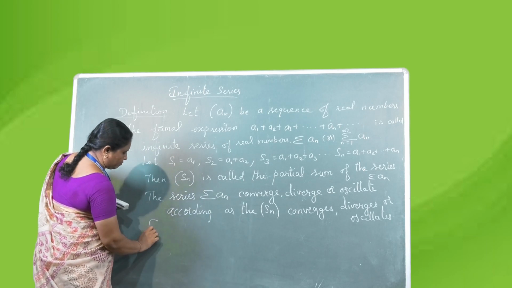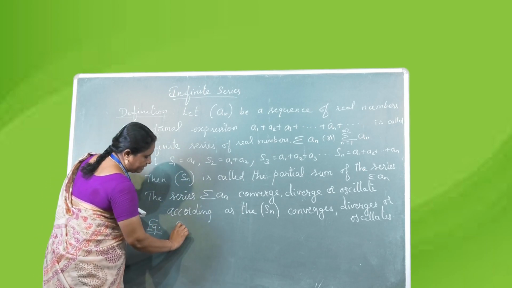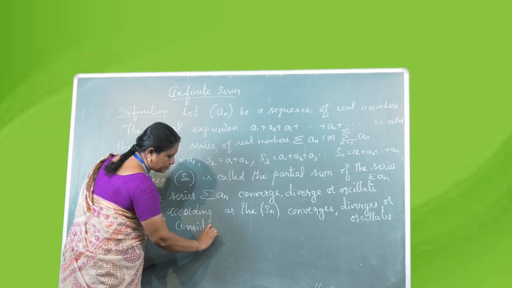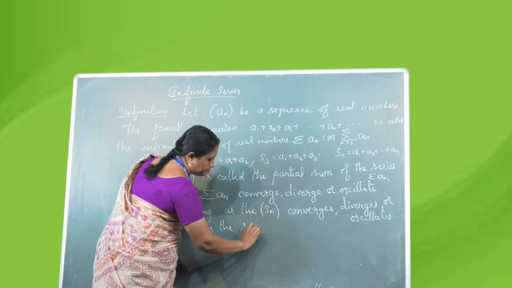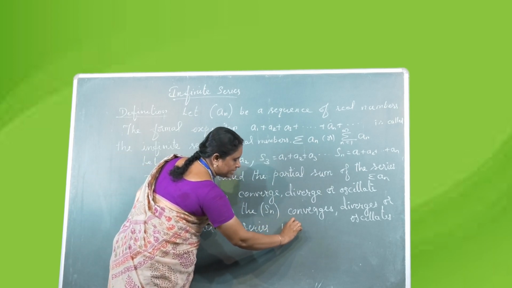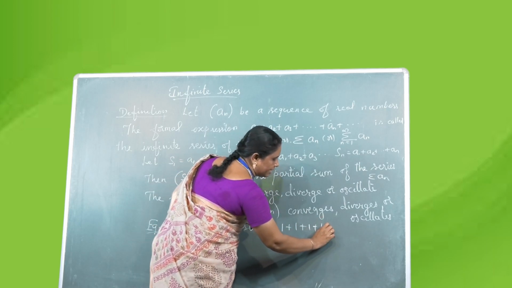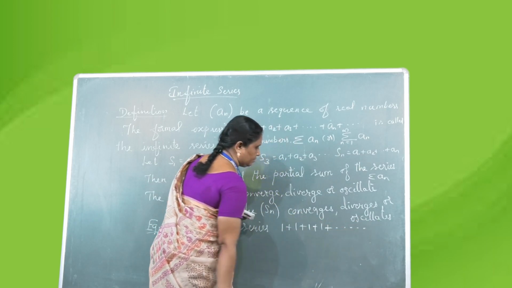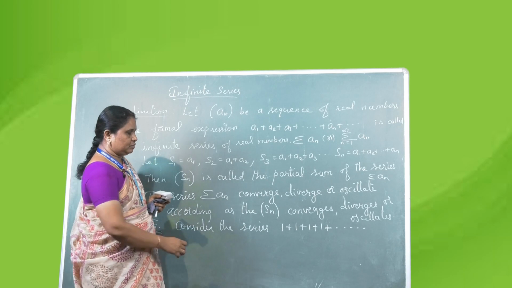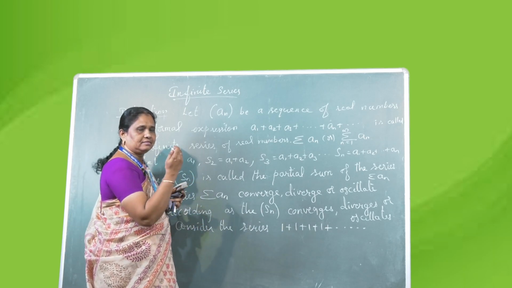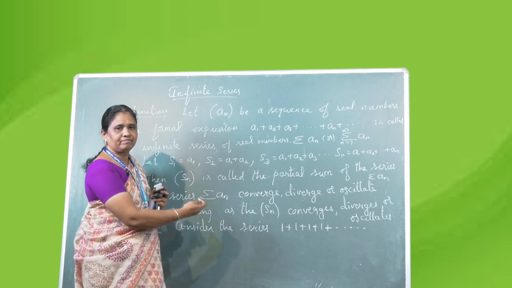So let us see one example. Consider the series 1 plus 1 plus etc. First we have to find the partial sum of this series.